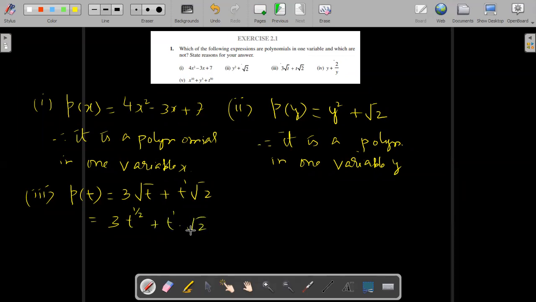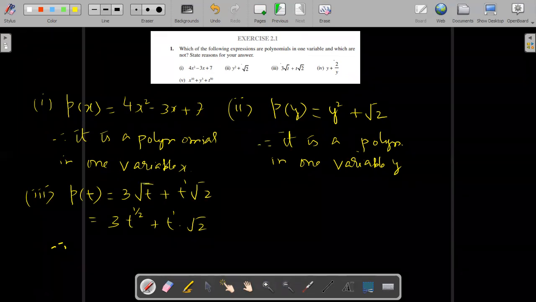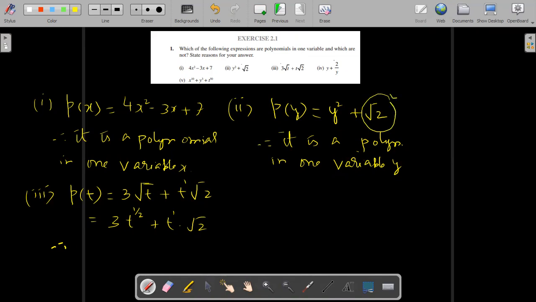That means it is not a polynomial. When the power is a fraction like 1 by 2, that is, if the root is on the variable, then it is not a polynomial. If the root is on the constant term, it can be a polynomial. So therefore, it is not a polynomial. If it is not a polynomial, there is no question of the variable.